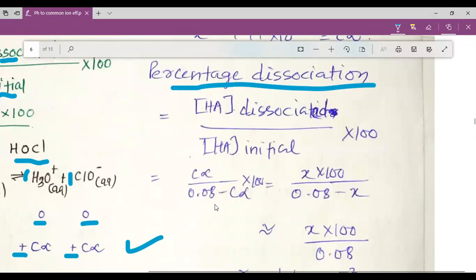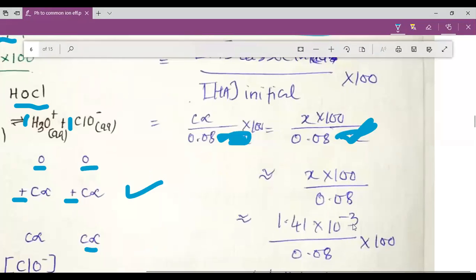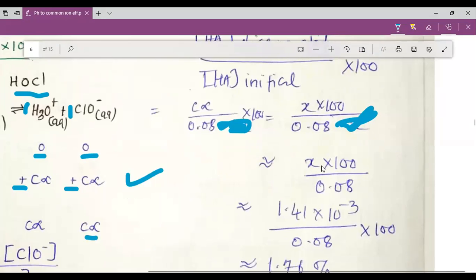We can write it as C alpha divided by C minus C alpha multiplied by 100, so x multiplied by 100 divided by 0.08 minus x. Here I think I have made a mistake, my dear students. Instead of writing C minus alpha, we just need to write 0.08. So even 0.08 minus C alpha, we take it as 0.08. So finally we get x multiplied by 100 divided by 0.08.